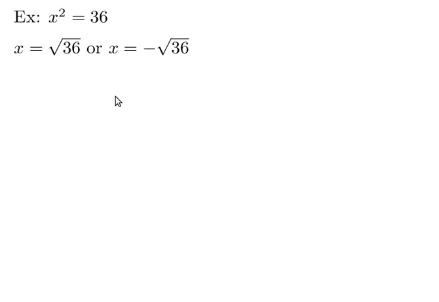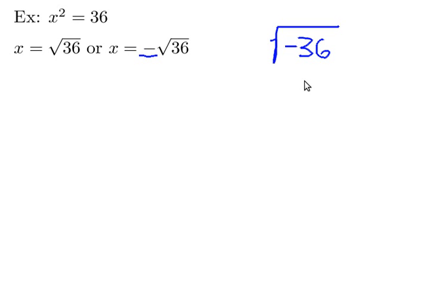Notice something important though. The negative is outside the square root. This would be different from the square root of negative 36. This means something completely different from this. For what we're doing here, the negative will always go on the outside of the root. This will give you what's called an imaginary number, and you'll probably talk about that in the next algebra class, but as far as I know, you won't in this one.